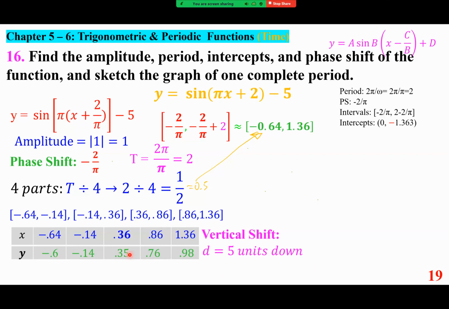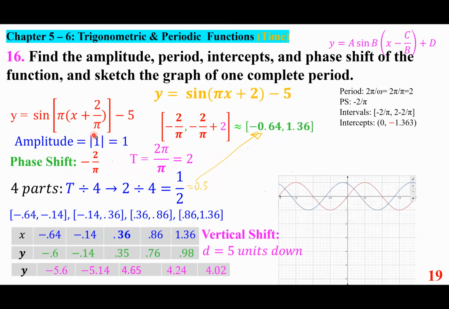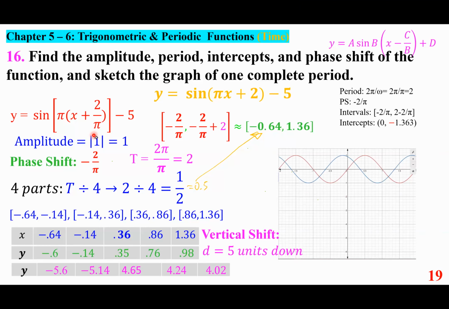Now we're going to go down, so we're going to subtract 5 from each part. So we go down. And that's the graph.